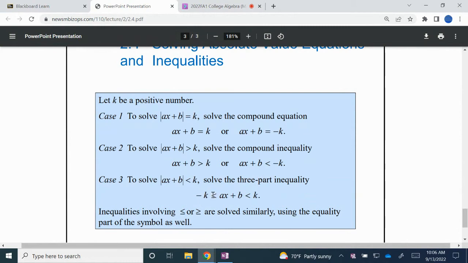We bring down another less than inequality, right? And we keep our k value with its same sign. All right, so there is some maneuvering on these formulas. All right, so let's just see how they work.